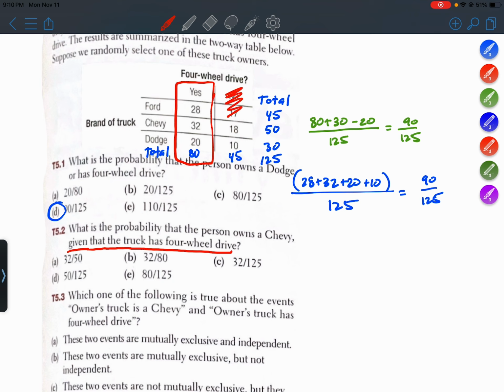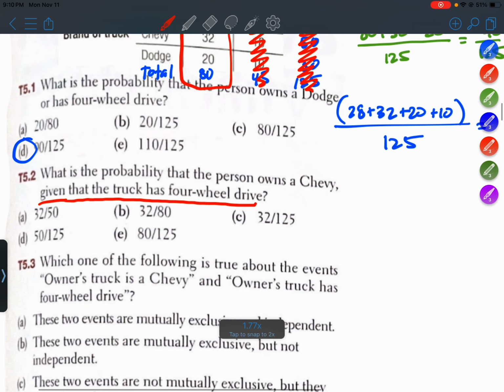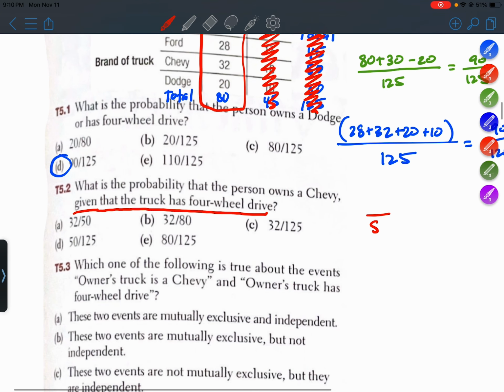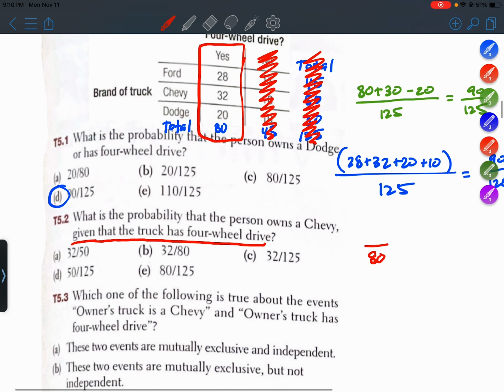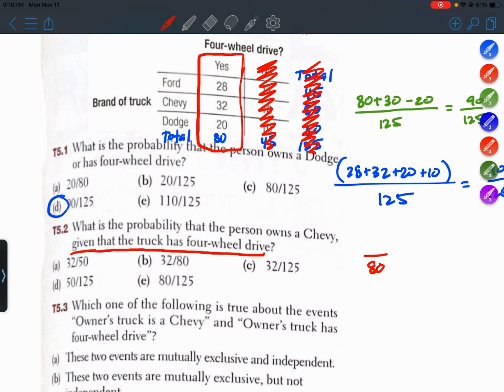We ignore that column and all the row totals. Now we look at it as if there were only 80 people, because there are only 80 people who have four-wheel drive, and of those 80, 32 own a Chevy. So B is the correct answer.